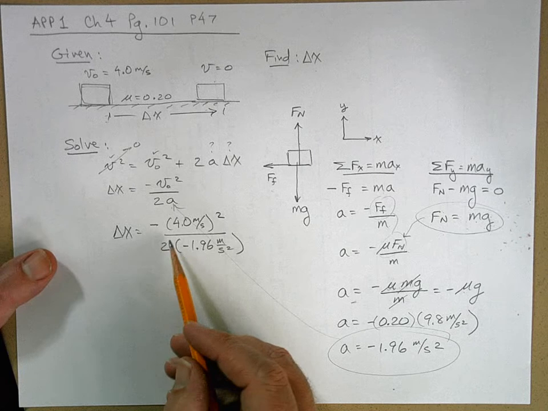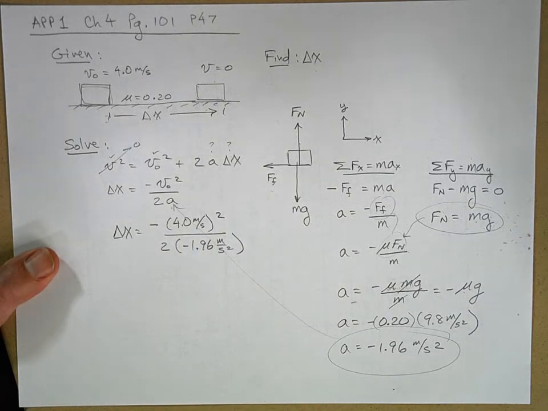So this is 4 times 4 is 16, divided by 2, divided by 1.96.